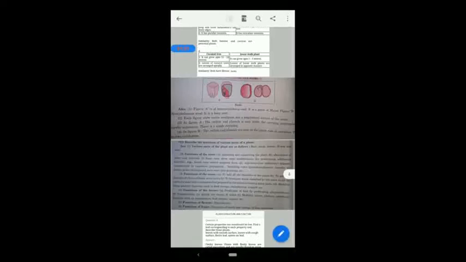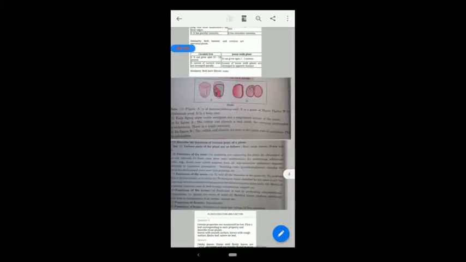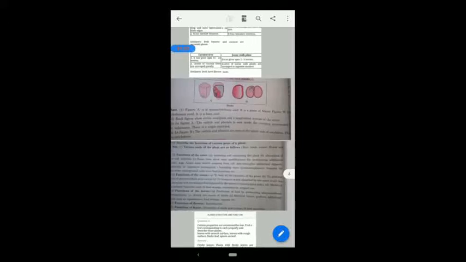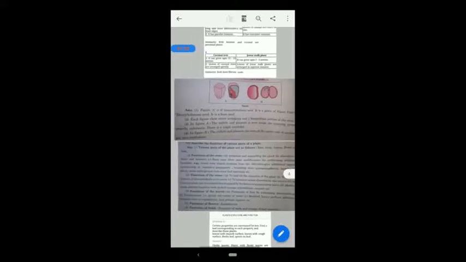Figure A is a monocotyledonous seed. It is a grain of maize. Whereas figure B is a dicotyledonous seed. It is a bean seed. Okay, now why and on what basis have we said this is monocotyledonous or this is dicotyledonous?